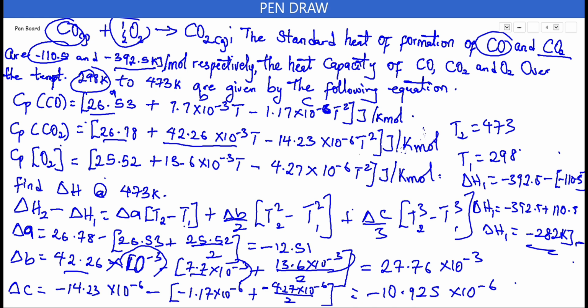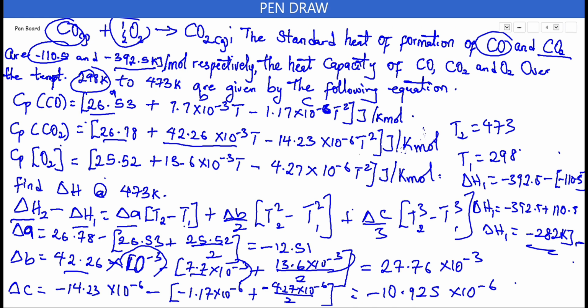So we have gotten automatically everything we need to get our H2. Because we have gotten H1, we know our T2 and T1. So we will just substitute each of them in the equation, and then once we substitute, we can solve one by one. Let's check out how we substitute them and get our answer very fast.